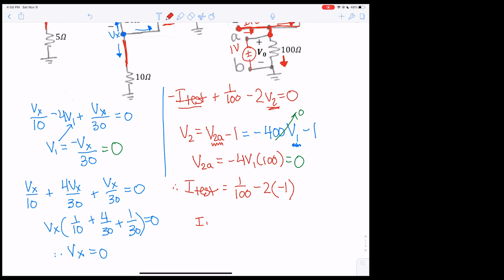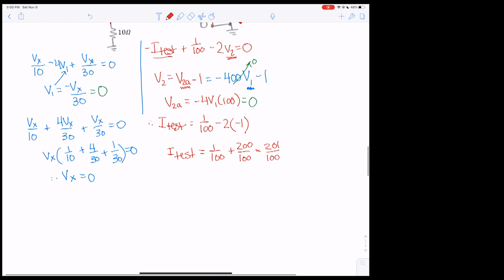And so I can combine these to get I test is 1 over 100 plus 200 over 100 to give me 201 over 100.